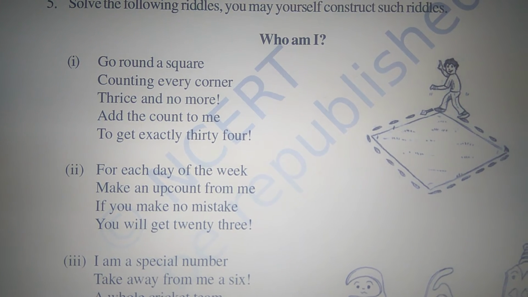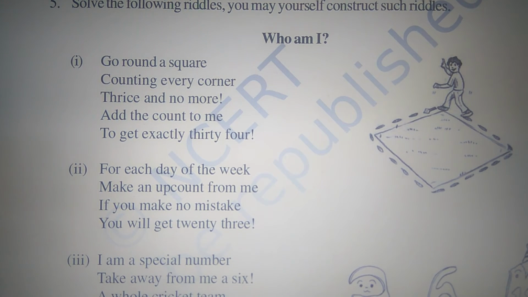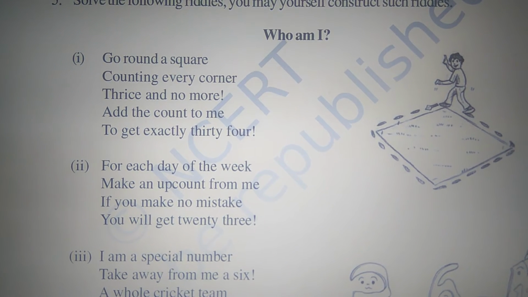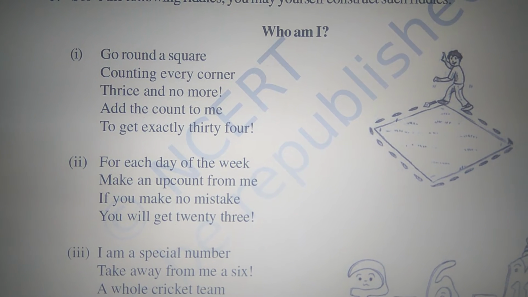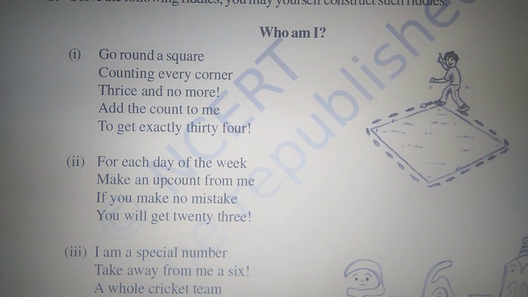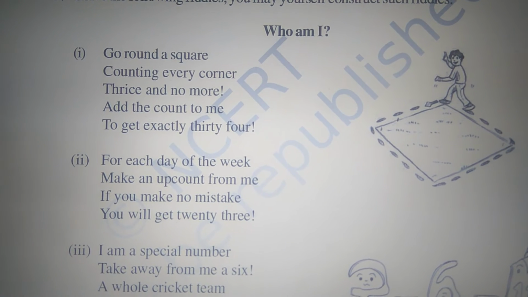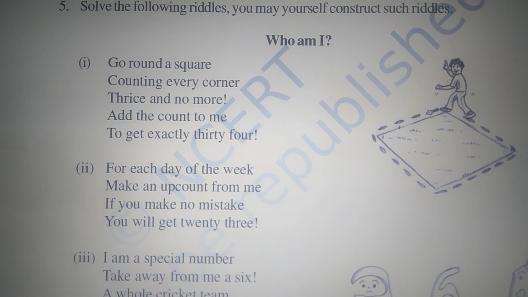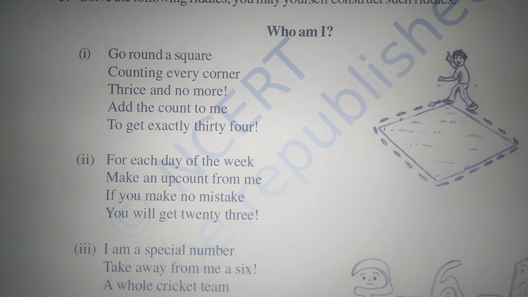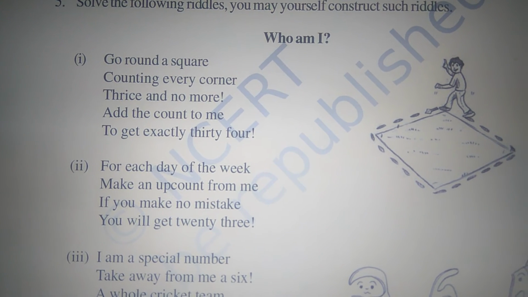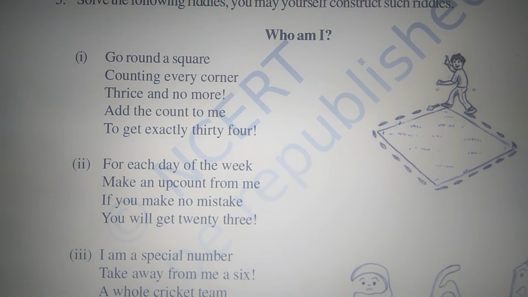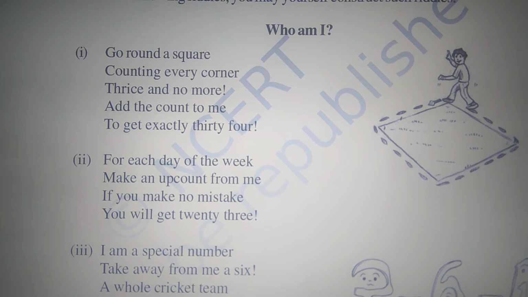Add count to me to get exactly 34. Right? So let's see. Very simple way. Students, in the first riddle, go round a square. Square has how many sides? 4 sides. So let the side be L, that is myself. So I am L.